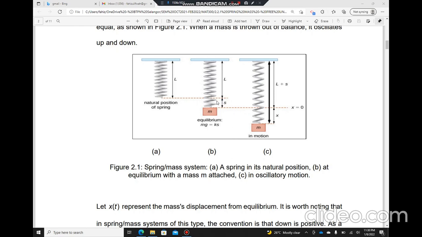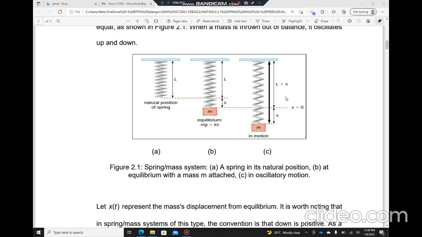Yang ni maknanya pemanjangan daripada yang asal L. So dia meregang bila kita diberi M. Okay, so bila equilibrium maksudnya dia berada dalam keseimbangan, mg equals ks. So kita akan ada equation ni, mg equals ks.